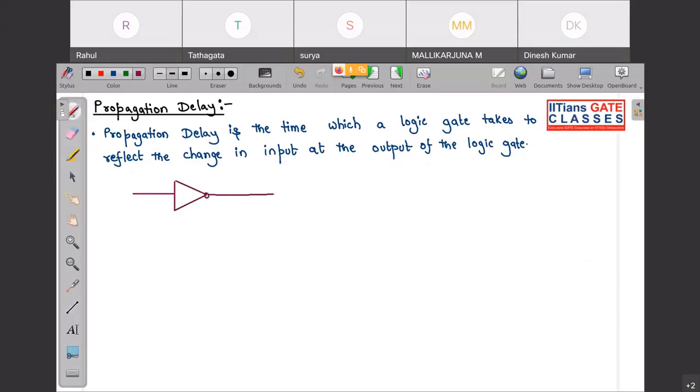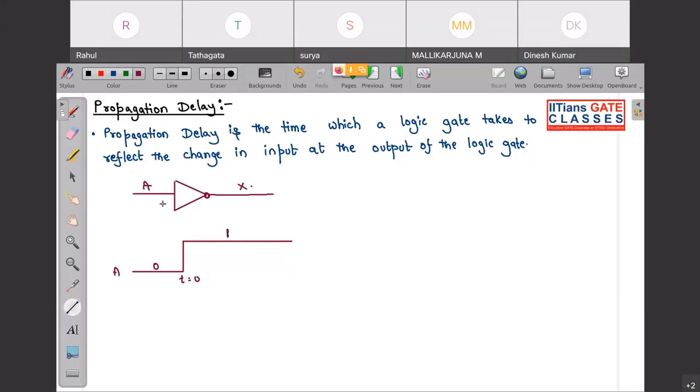Suppose I have a NOT gate. Now to this NOT gate, I apply input. So this is A actually. At t equal to 0, input changes from 0 to 1. So ideally, if this is your ideal NOT gate, what will happen?